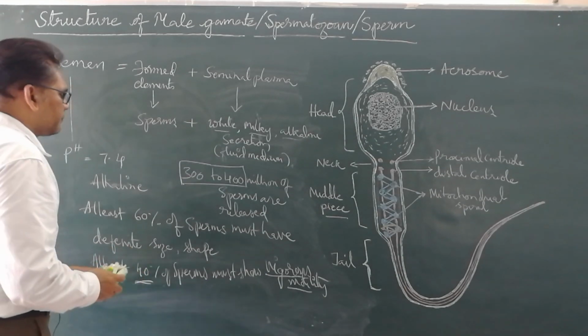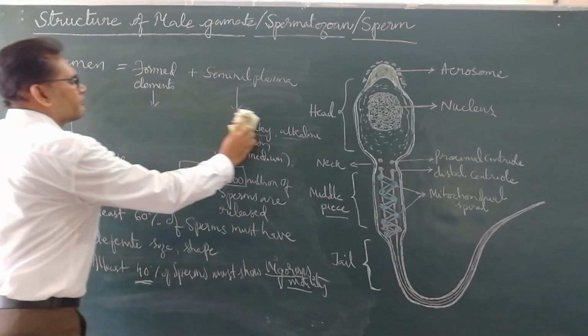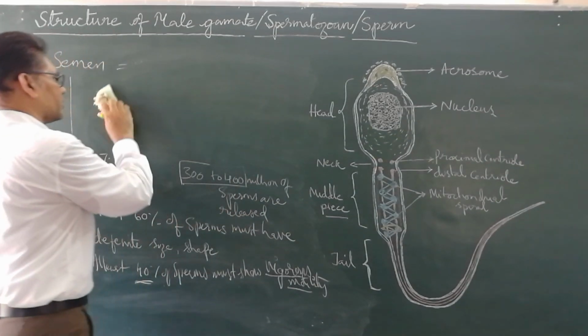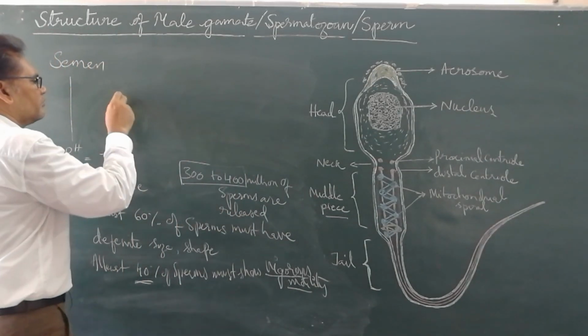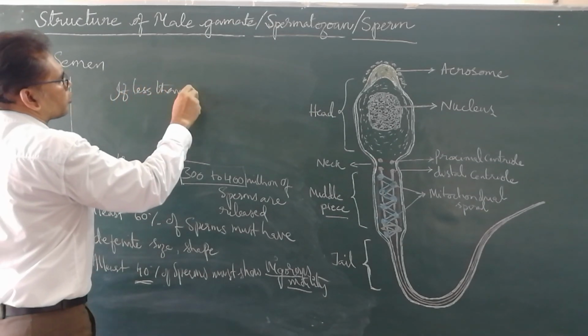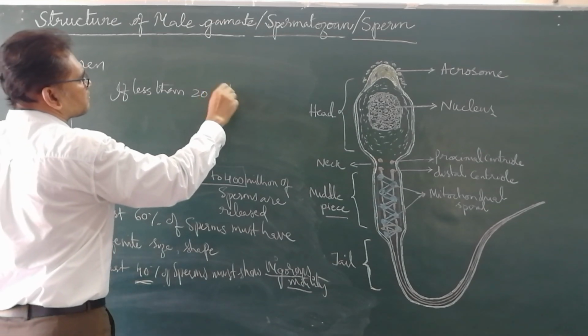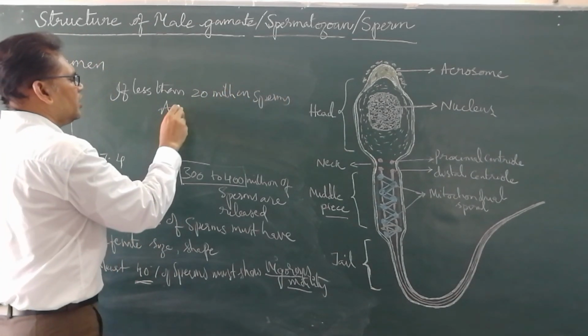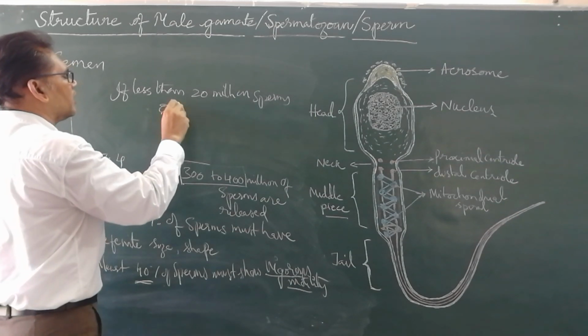Okay. Now for suppose there are less than 20 million sperms, this condition is called oligospermia.